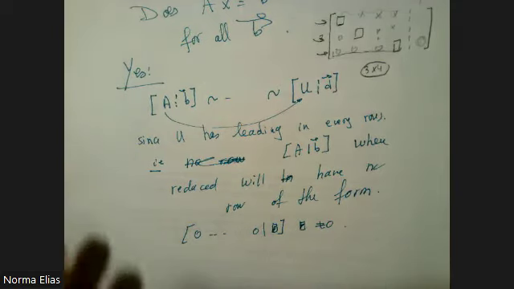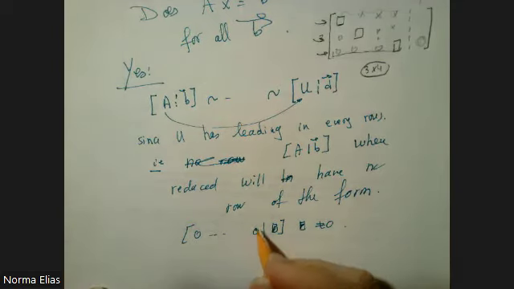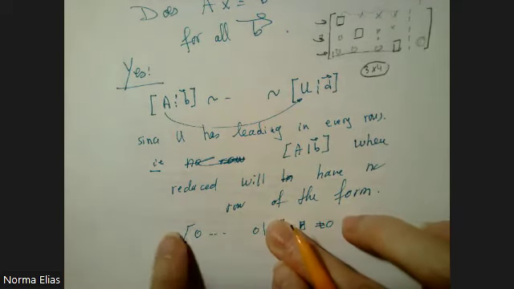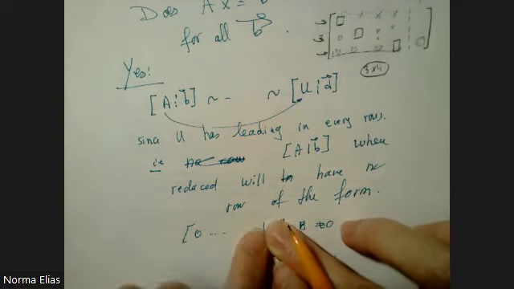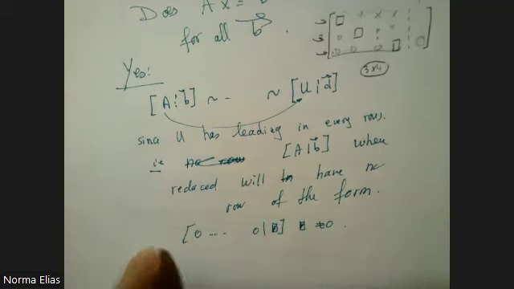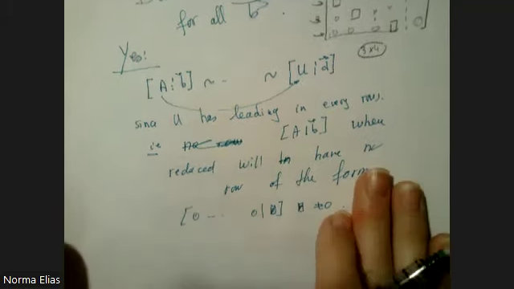There is no way this scenario can occur because every row has one leading entry, so the leading entry has to be right here. So this cannot occur.